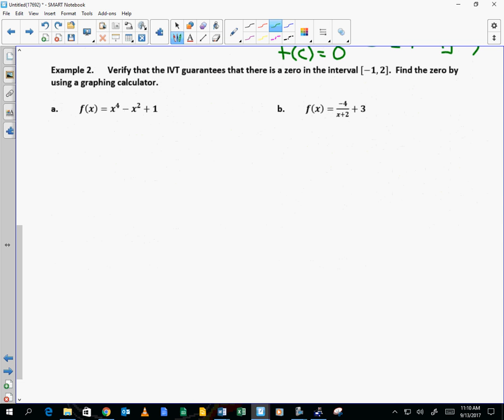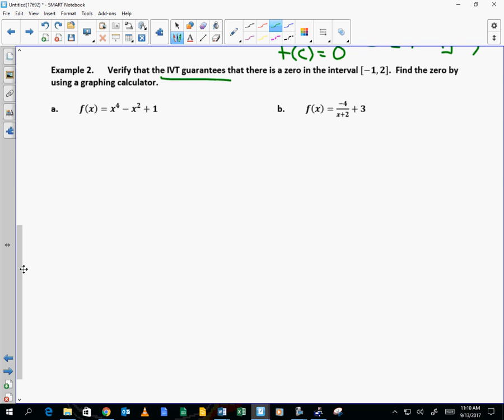Here's another symbol that we use in mathematics. This means for all values. All right, verify. So I don't have to explain here. It doesn't say explain. I just have to verify that the IVT does guarantee there's a 0 and find the 0 by using a graphing calculator.